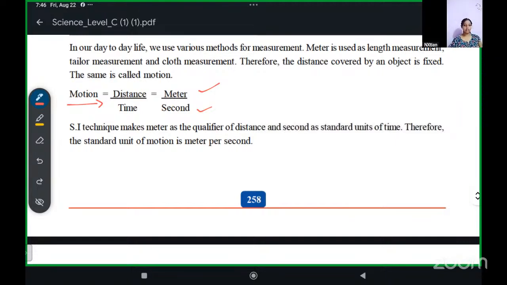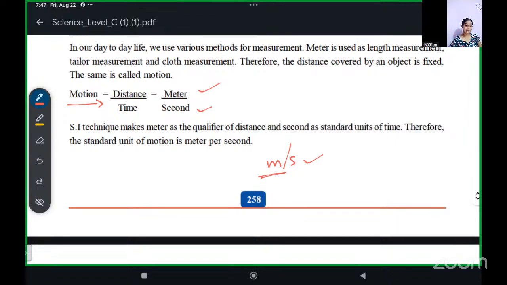Remember how we were doing meter per second in the previous chapter in maths? Because distance is calculated in meter and time in seconds, we use meter upon second.